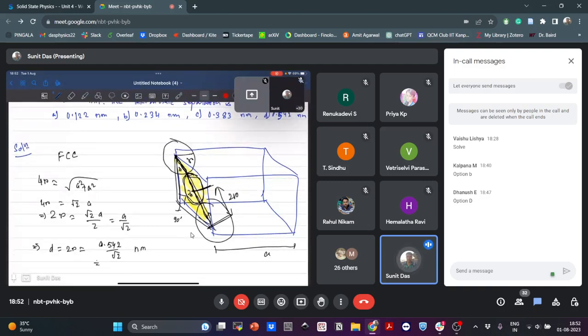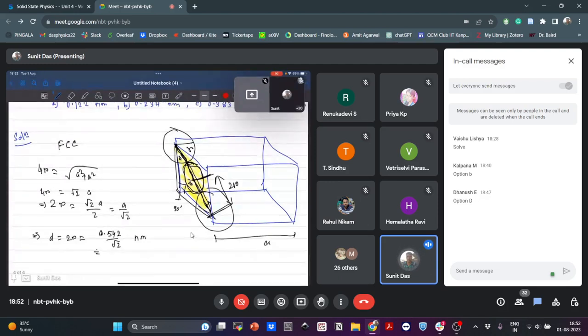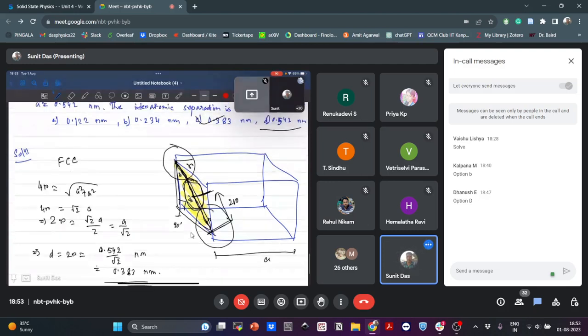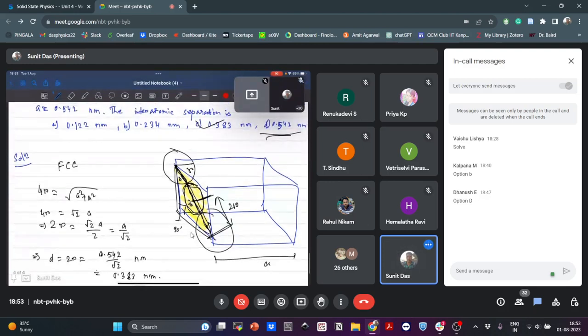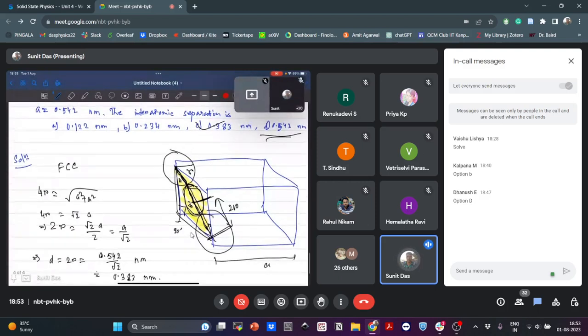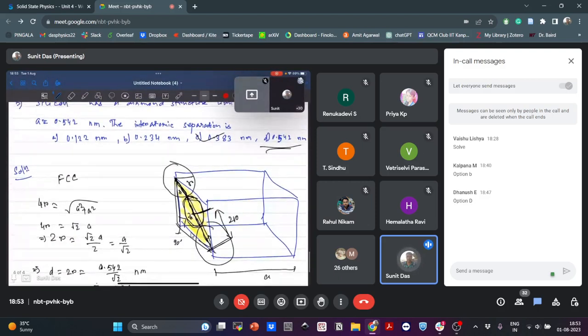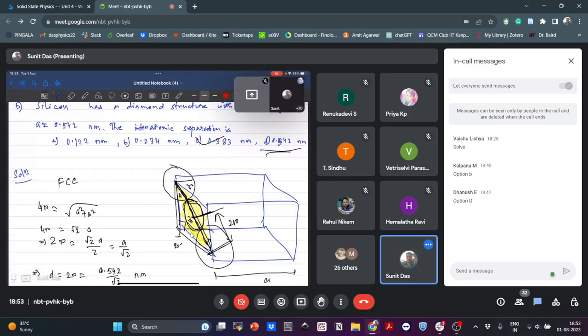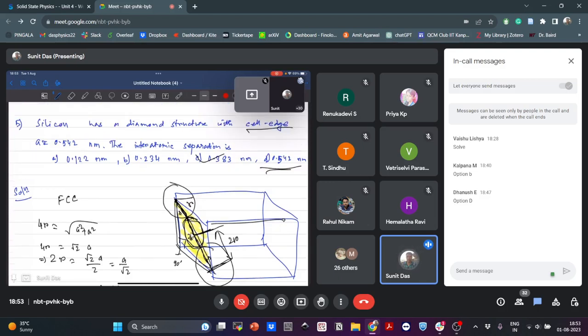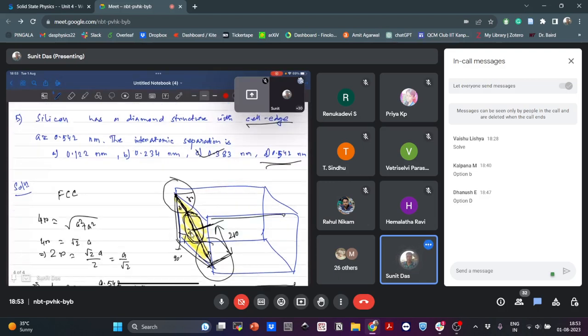If you calculate this, it will be around 0.383 nanometer. So the correct option will be C, not D. Did you understand that interatomic separation means this one, not the unit cell dimension or the cell edge as written here? It has to be less than the unit cell dimension.